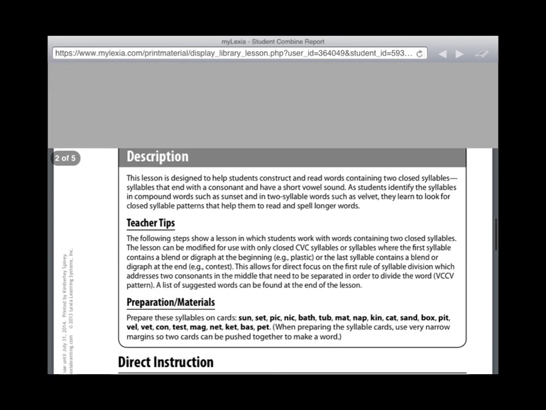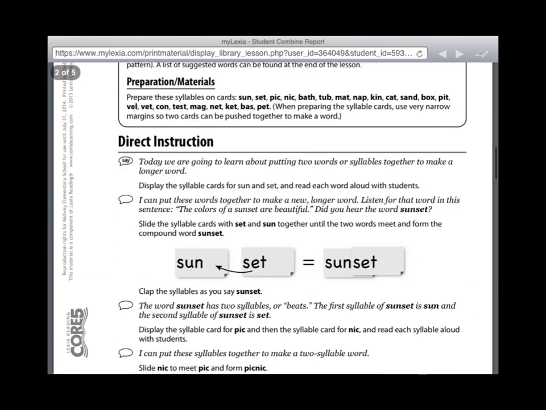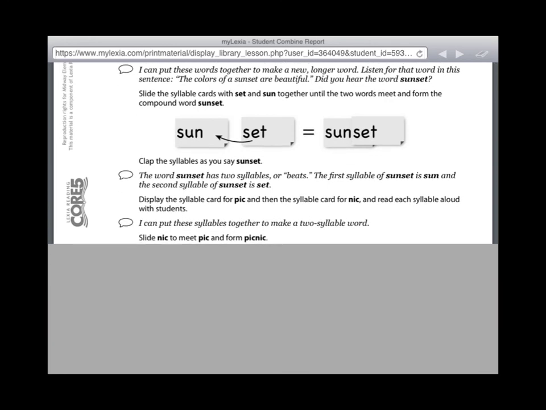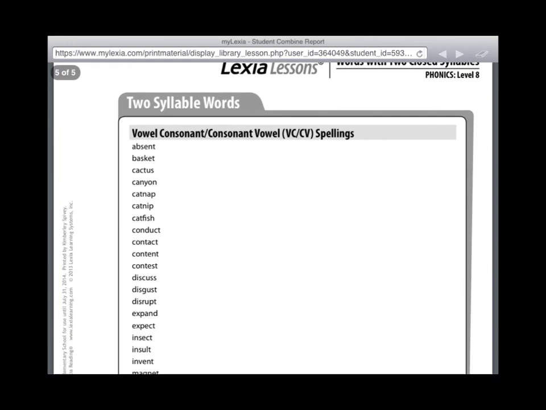When it says lesson delivered on, the person delivering the lesson can date it and sign it or initial it. That's for your records. And it literally gives the description word for word. It tells you direct instruction, what you read, and then it shows how to put the words together. That's not all. It actually gives you the guided practice, the independent practice, and the wrap-up, what you say.